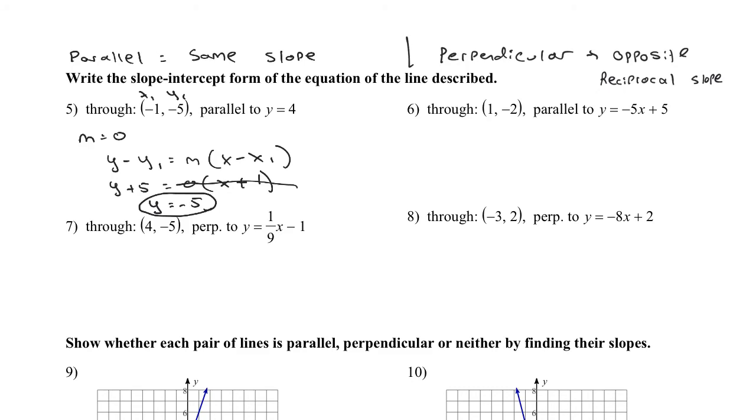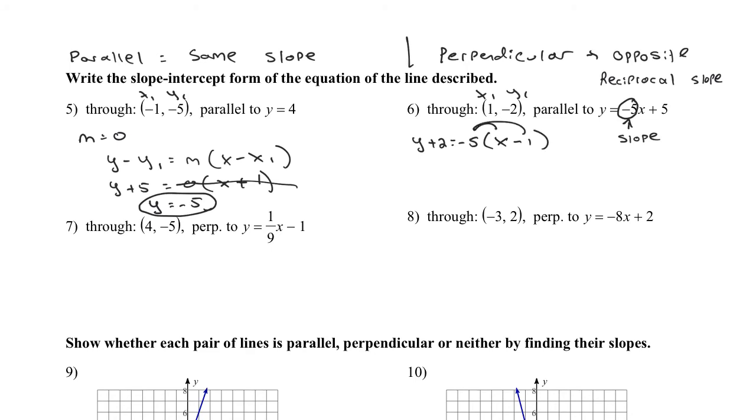Okay, so the next one, if I want a line parallel to this one, that means that my slope needs to be -5. And we're going to call this again x1, y1. So here we're going to have y plus 2 is equal to -5 times x minus 1.